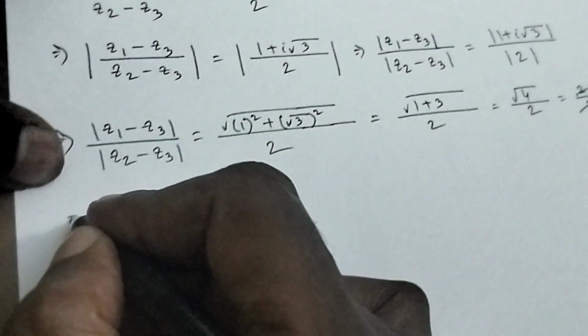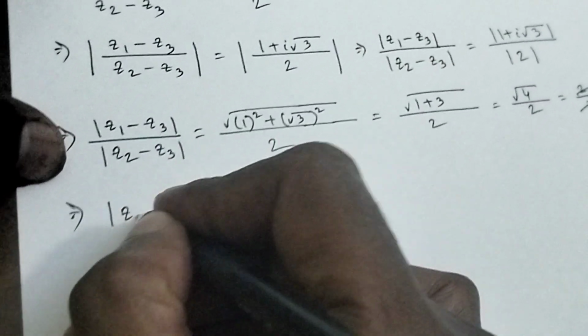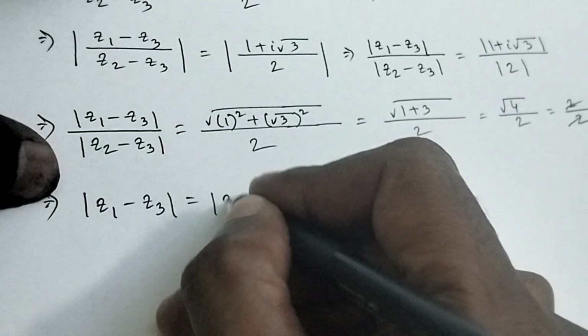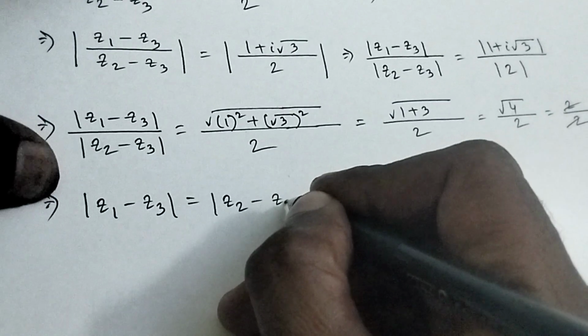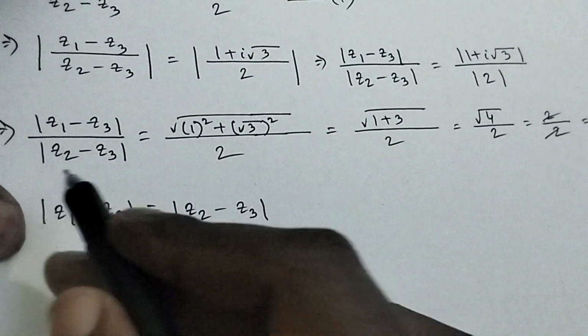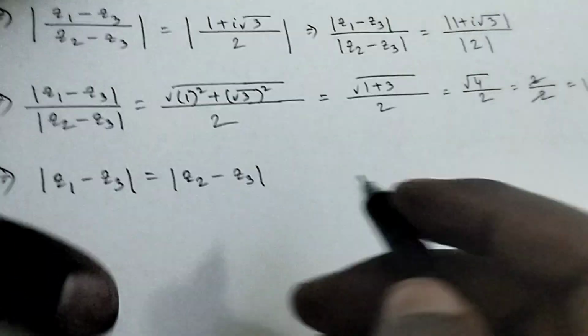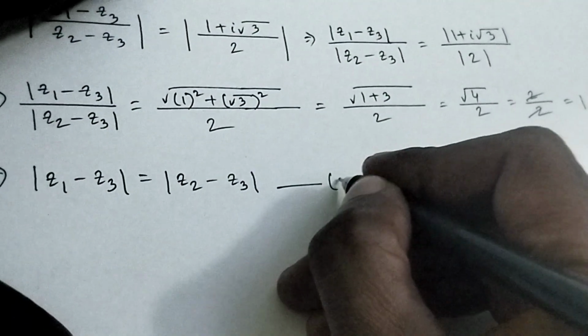So we can write in this way also: mod of (z1 minus z3) is equal to mod of (z2 minus z3), since mod of (z2 minus z3) gets multiplied by 1. Name it as equation 2.